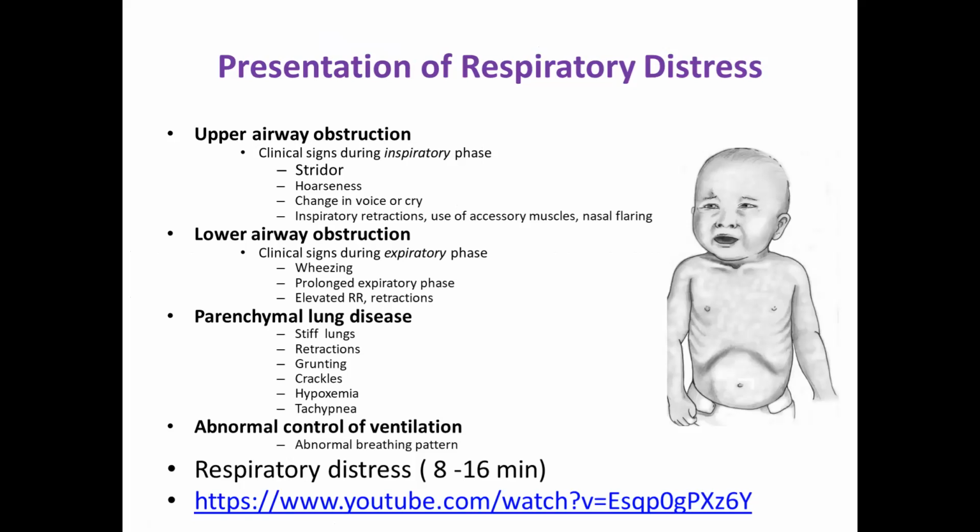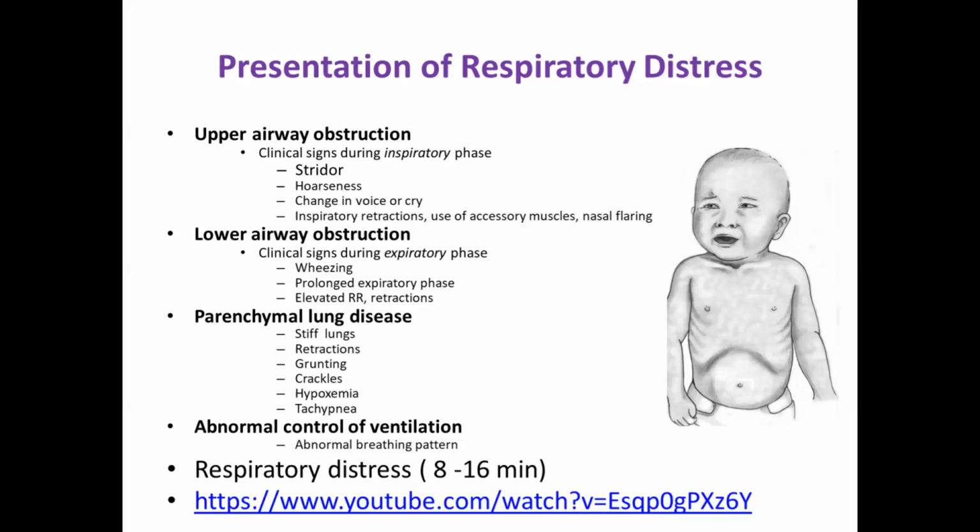If you hear any expiratory wheeze, then it is a lower airway obstruction, whether it's asthma or bronchiolitis. If there is any grunting, any crackles, then the issue is with the lungs itself. And then abnormal control of ventilation. Whenever you hear abnormal control of ventilation or breathing, it stands for CNS involvement.